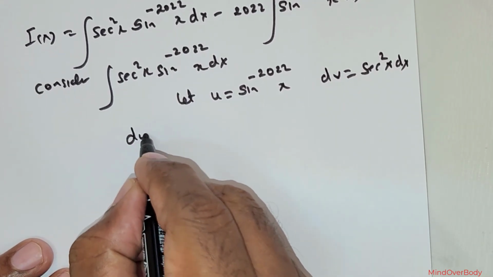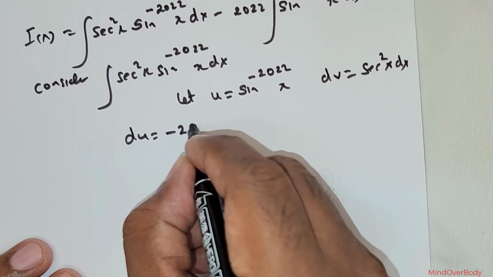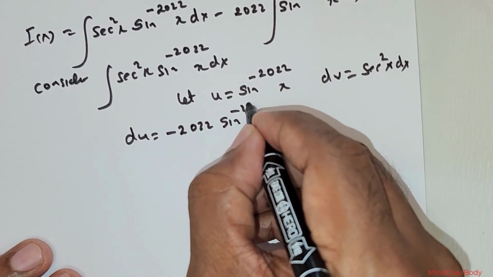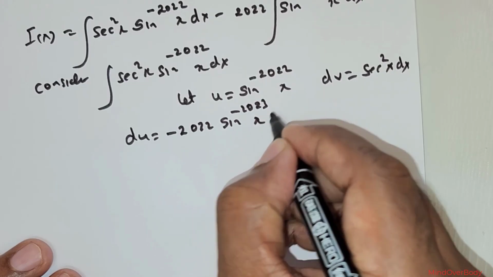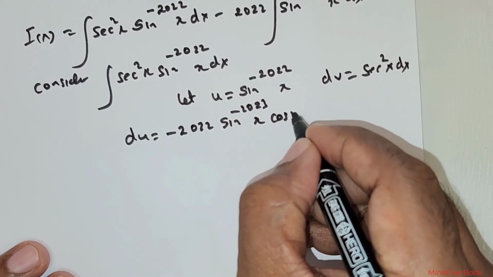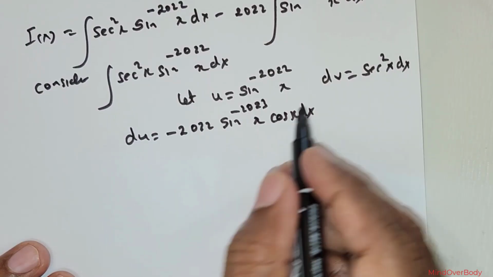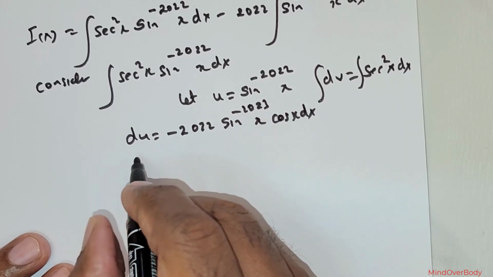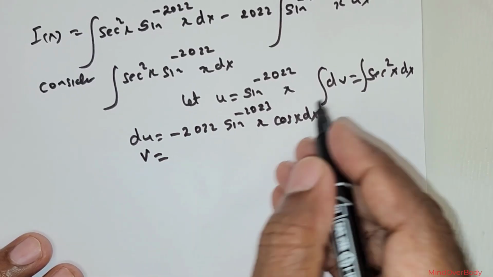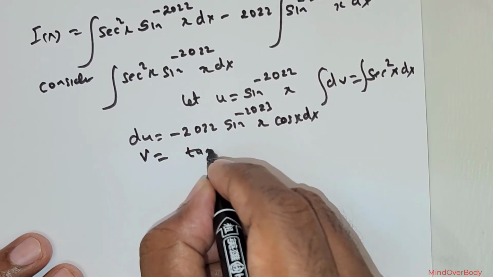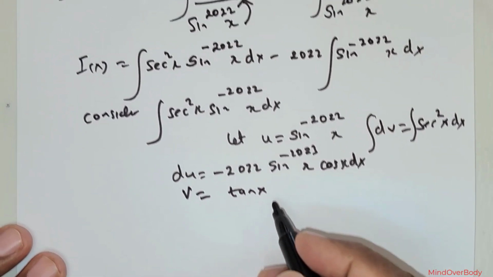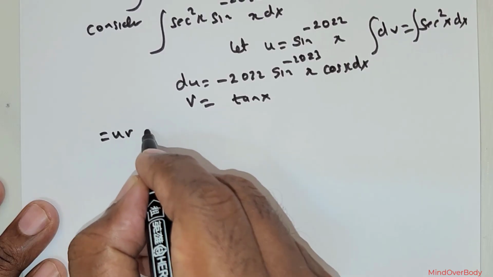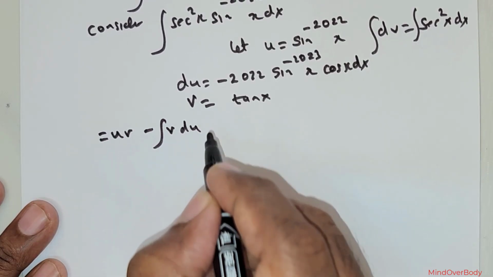Now you differentiate this, you get negative 2022 times sine raised to the power of negative 2023 x times the differential of sine x, which is cos x times dx. Now for this you need to integrate. The integral of dv gives you v, and the integral of secant squared x gives you tan x. You don't have to place an arbitrary constant c here. So the formula is uv minus the integral of v du.